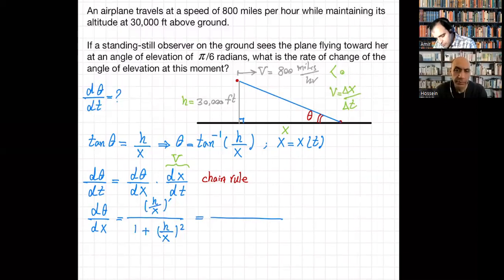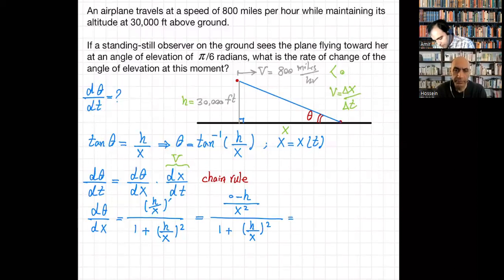The derivative of the numerator, h, is 0, times the denominator, minus the derivative of the denominator x, which is 1, times h over x squared, plus h over x squared.